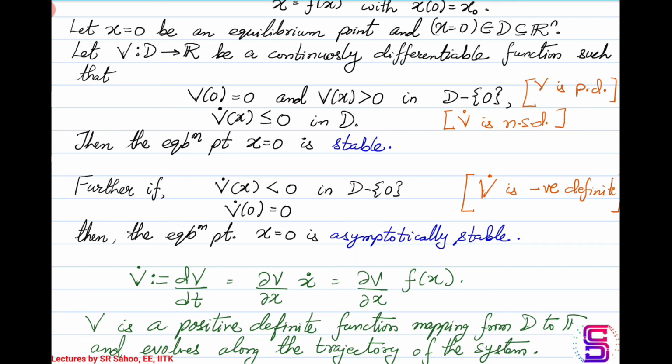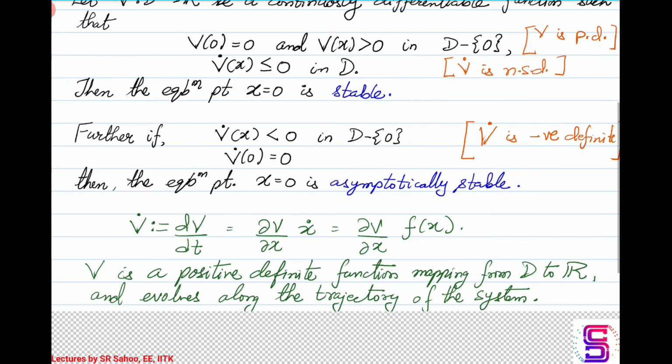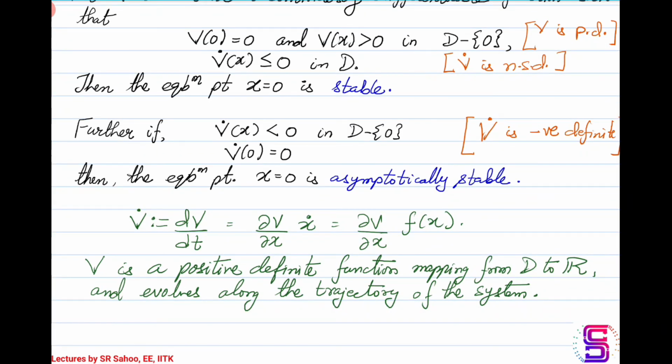Now, note that I said that the derivative of V is evaluated along the trajectory. The definition that you see here, dV by dt, essentially involves x dot, and for x dot we substitute the function f of x, which determines how the autonomous system is evolving.